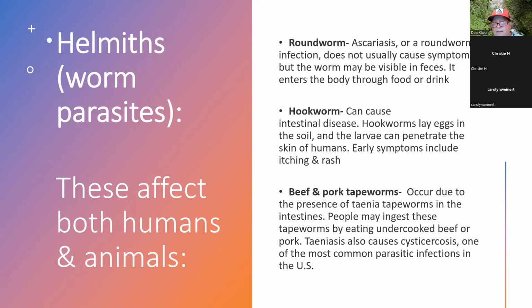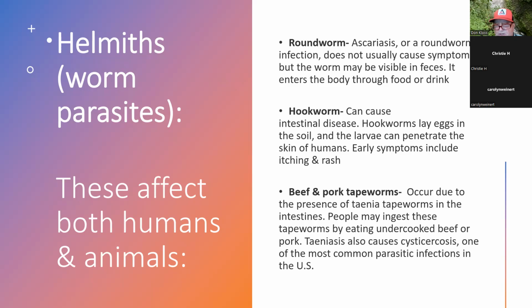Okay. And then beef and pork tapeworms, I'm sure everybody knows about this. They occur due to the presence of Taenia tapeworms in the intestine. People may ingest these tapeworms by eating undercooked beef or pork.